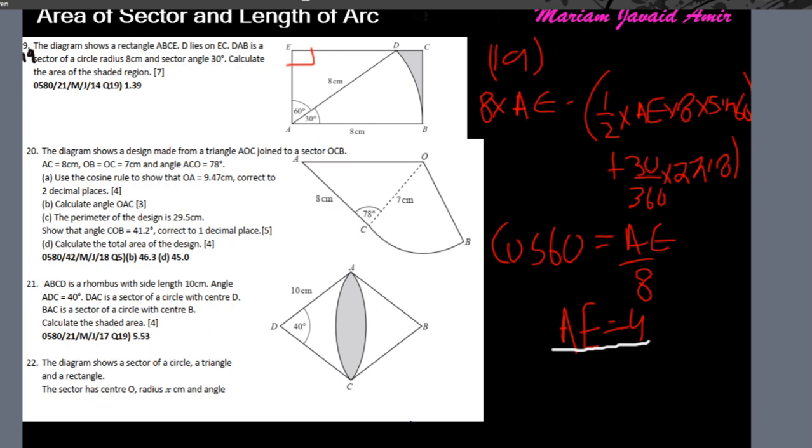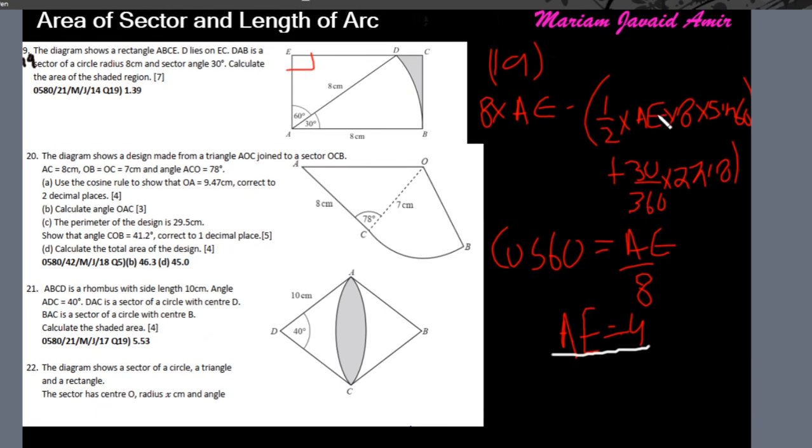Okay, so AE is 4, so simply substitute 4 here and 4 here, and we should get the answer 1.39. Oh, there's a mistake in the formula. The formula for area is theta over 360 into pi r squared, not 2 pi r.